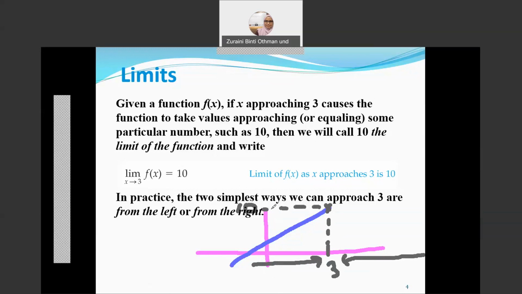Kalau kita tengok dekat table pun, this is what we are referring to the function. When it approaching to 3, tak kisahlah sebelum 3 selepas 3 tu berapa, tapi bila dia 3, nilai dia ialah 10. Macam tu lah maksud limit ni, which is limit of f(x) as x approaches 3 is 10.